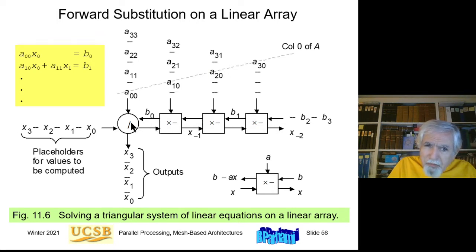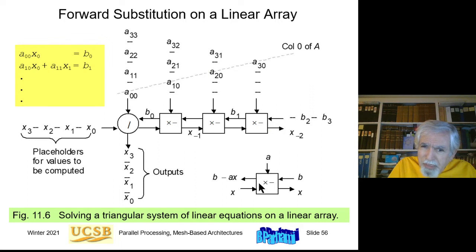So once x0 is computed and output, then the value x0 just computed is passed on to this cell. Meanwhile, the b values move and b1 is now sitting here. So x0 comes here, b1 comes here.